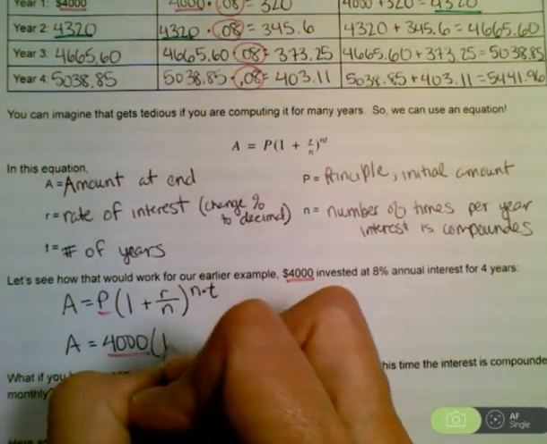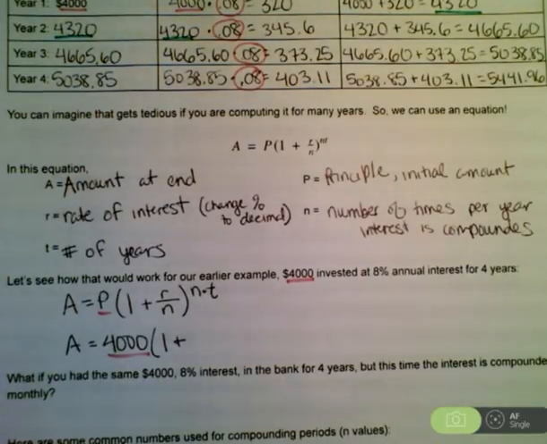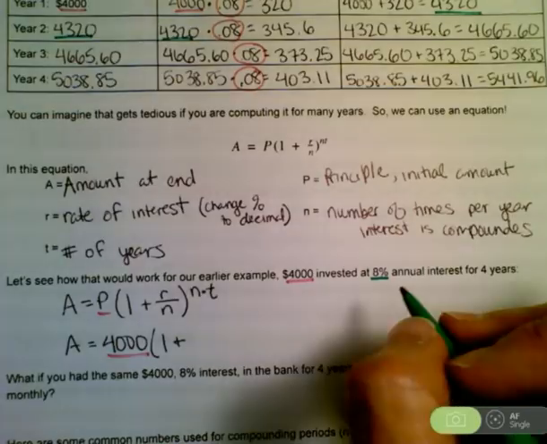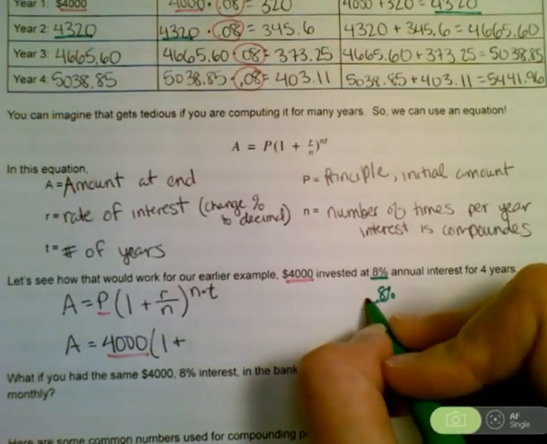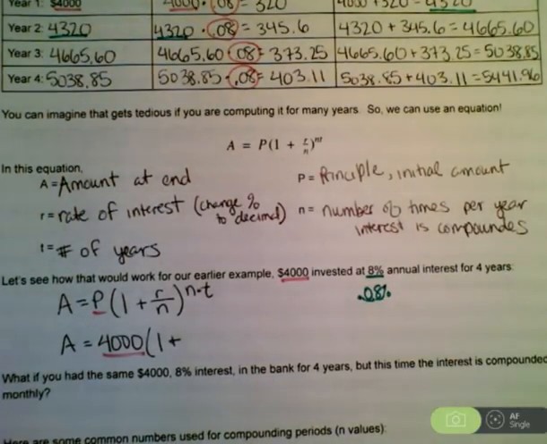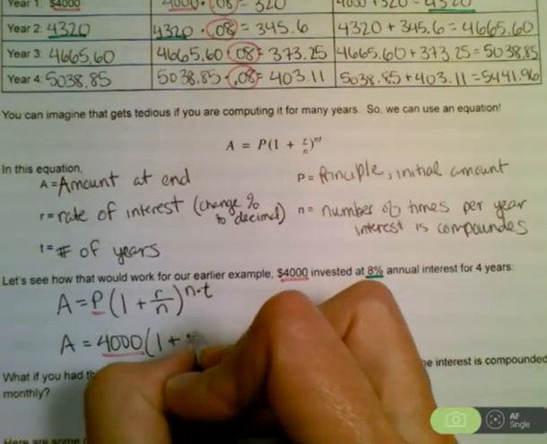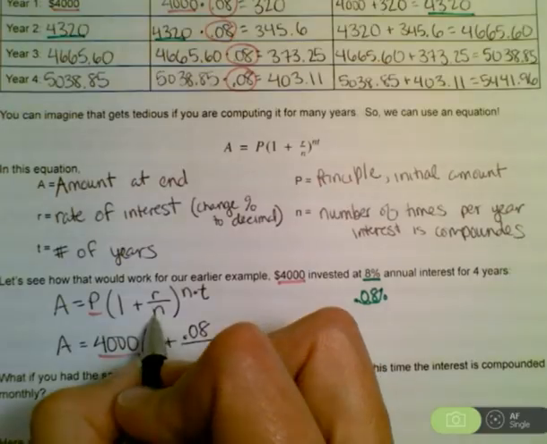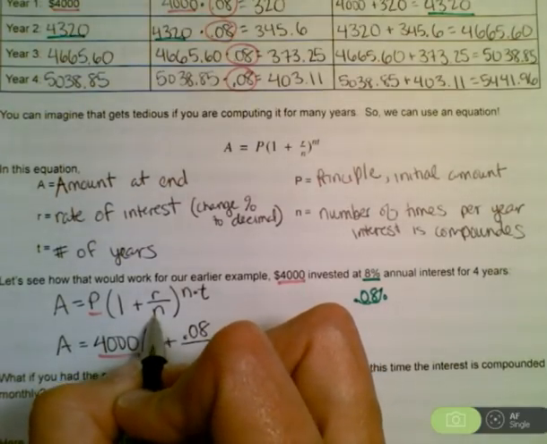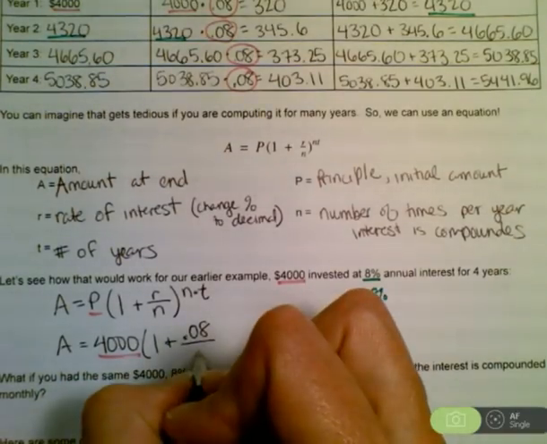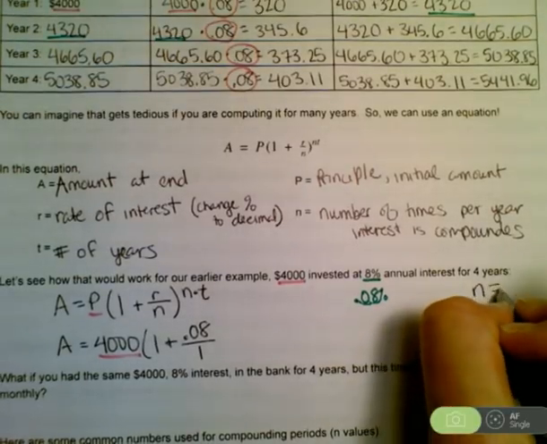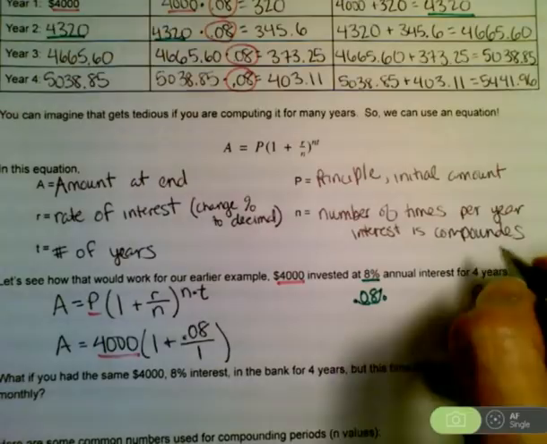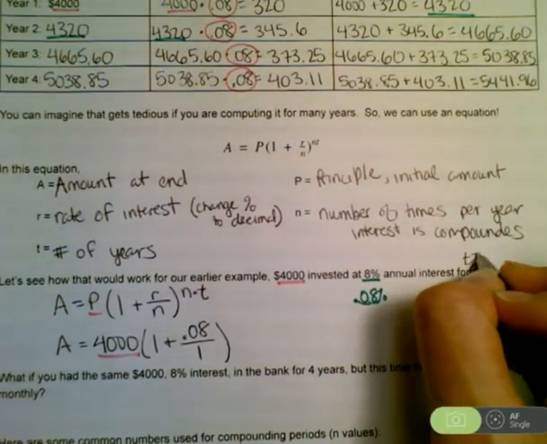Times 1 plus R, which was the 8%. We already turned that into a decimal and it was 0.08. So I put 0.08 here, divided by N. Well, in this case, we're just getting interest once a year, right at the end of each year. So N is 1. Put that over there so we know it. And then our T is this 4.